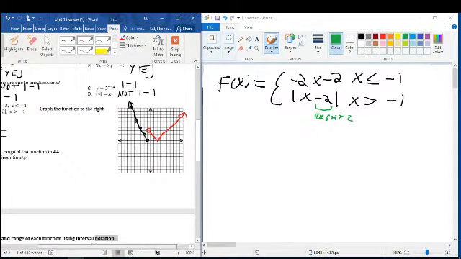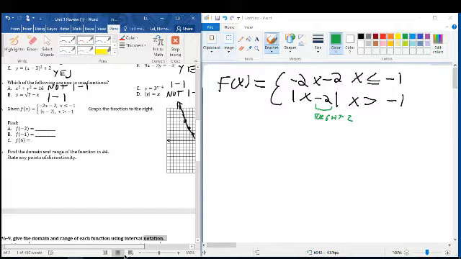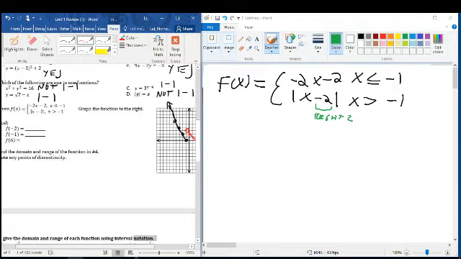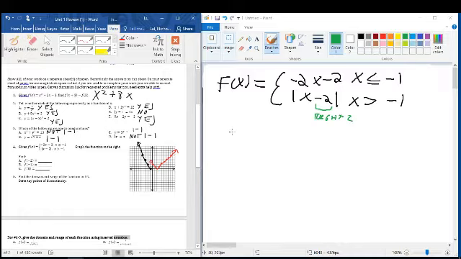Alright, so we graph the function as such. Essentially, you just have to be able to graph functions and restrict the domain. So we defined f of -2. f of -2 is going to apply to the first function, since -2 is less than -1.